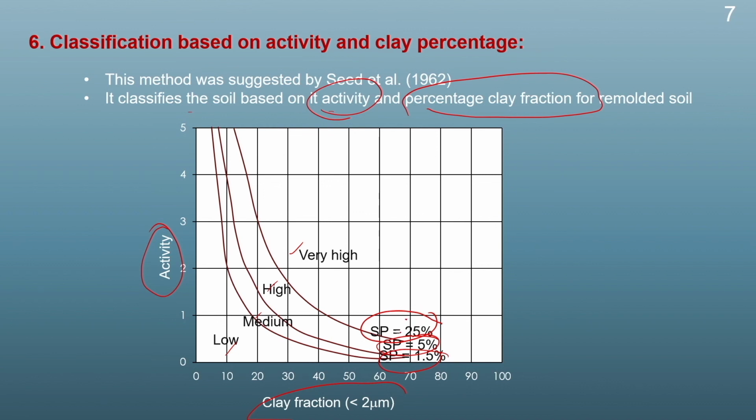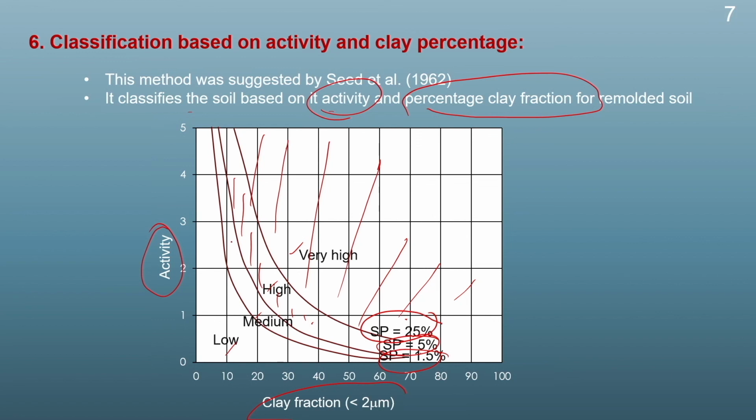Here if the swelling potential is more than 25, that means if it is in this zone, the soil can be termed as very high. If the swelling potential is between 25 to 5%, that soil will fall in this zone and the soil can be termed as high swelling soil.